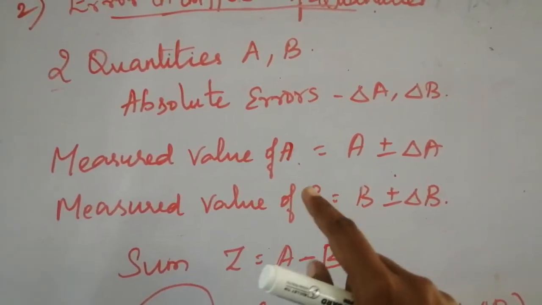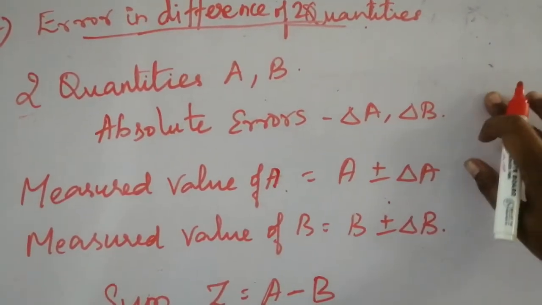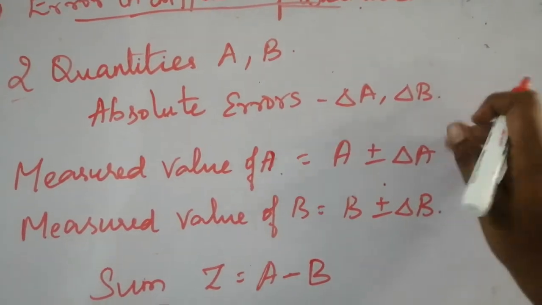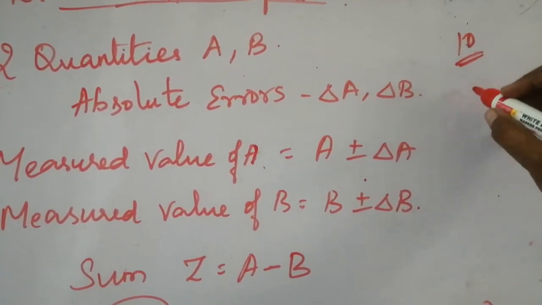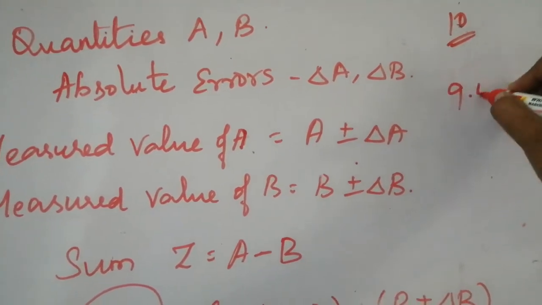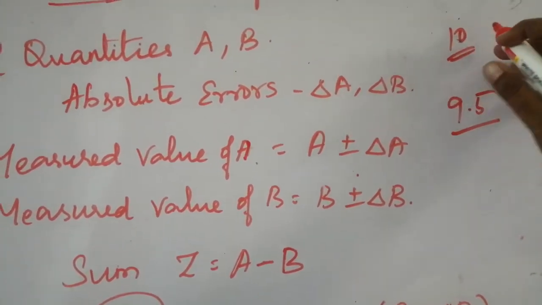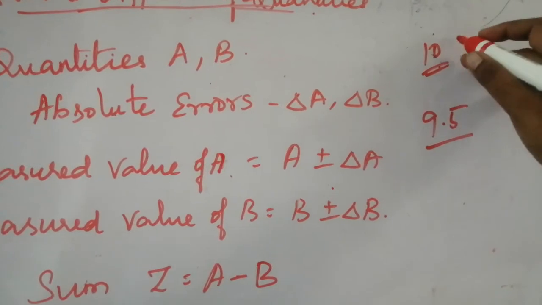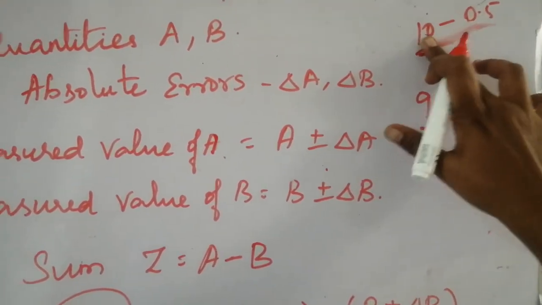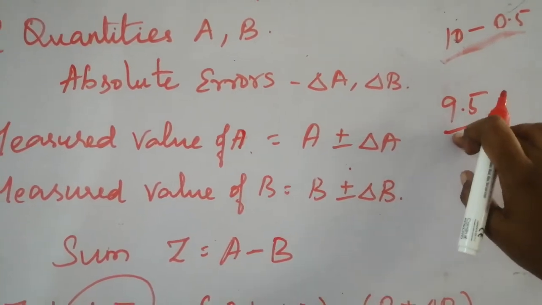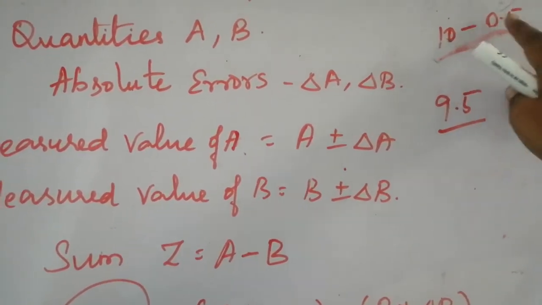What is the measured value of A? Actually, I take it with the error. See, the actual value should be 10, but I measure it as 9.5, which means original value minus error, where 0.5 is my error. So the measured value is original value minus error value.